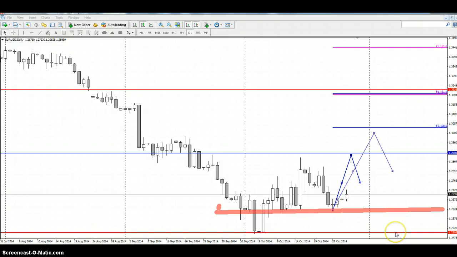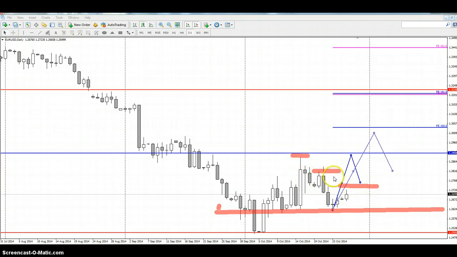If that level is broken, probably, and I would say better before the C level is broken, then we would have this type of chart configuration, let's say.